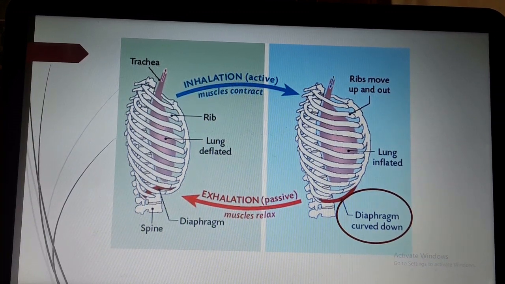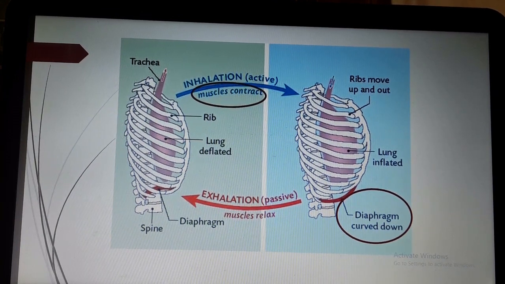So space more. Muscles will contract. Which muscle? The intercostal muscle. That will contract. And ribs will move up and out. As a whole, lung cavity more.